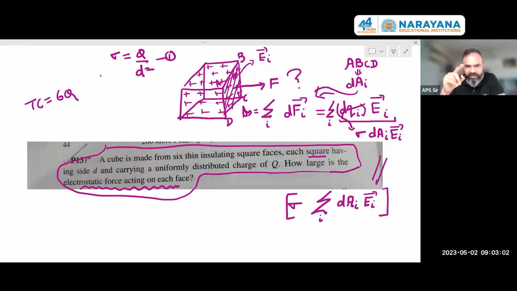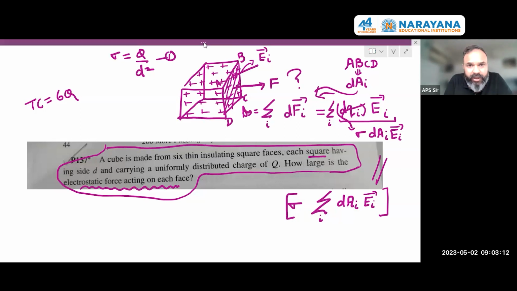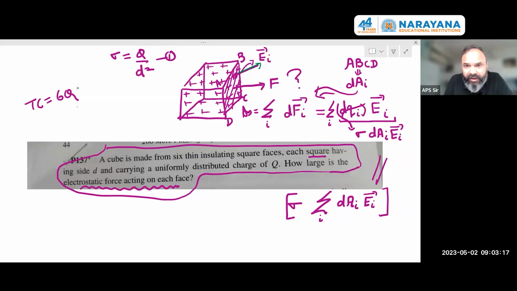Then a student says, "Fine, sir, okay, I am not getting this." But then he says, about the direction, whatever is the field, let me use the symmetry. If the field vector here is at some angle theta i with the normal to the face, this is the normal to that face. So the student makes a comment, and I'll explain why.